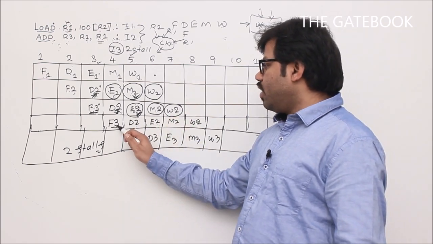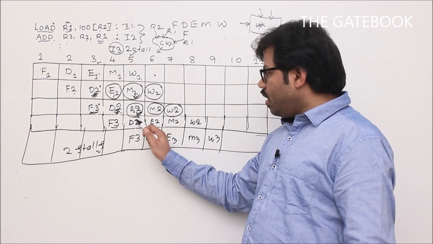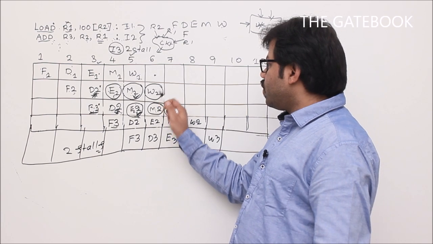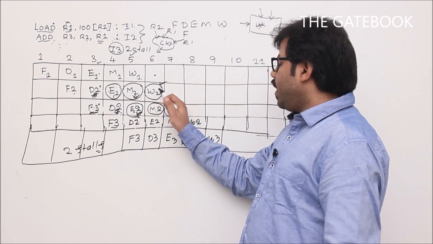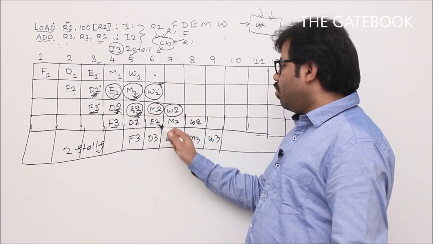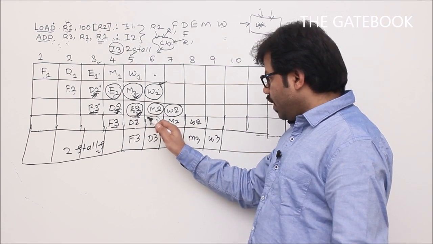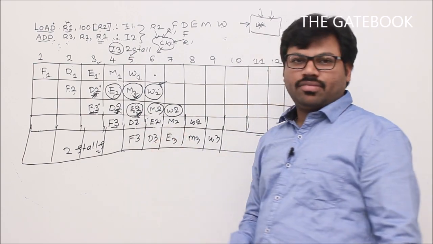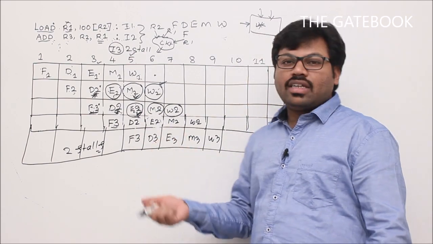Now here again F3 will be fetched, but D2 will be decoded, and this time it is seriously executed, right? Now at the sixth clock cycle, if you see, this is dummy execution, here dummy memory, but here serious execution of E2, right? Serious decoding of D3. Understand? So this is the way stall cycles are introduced.